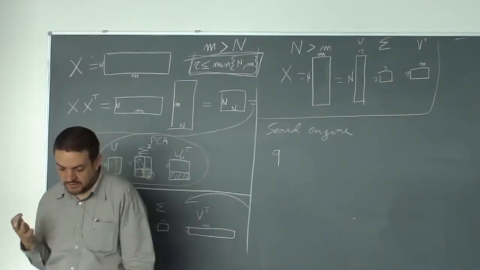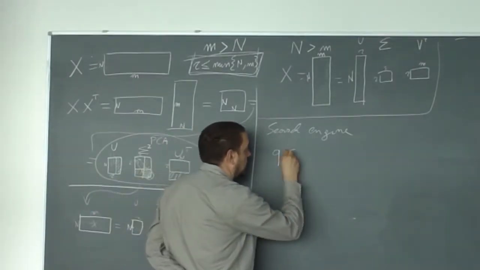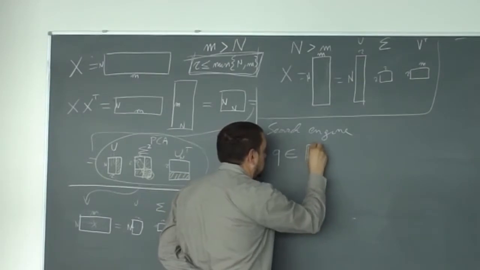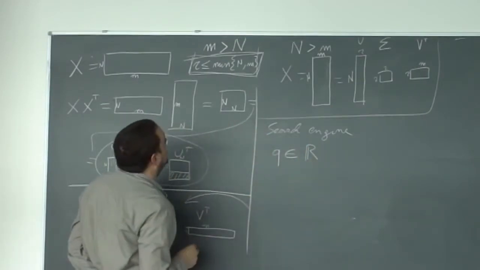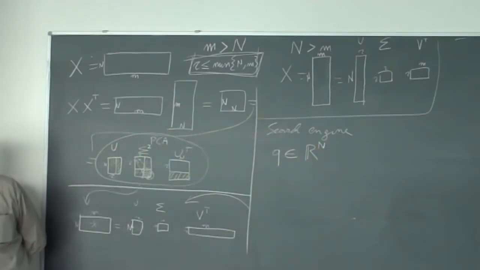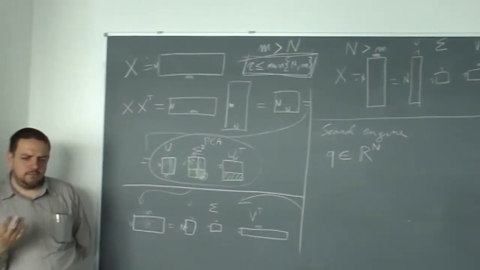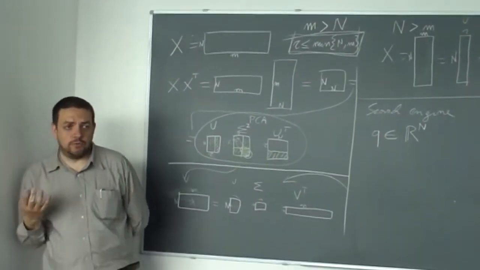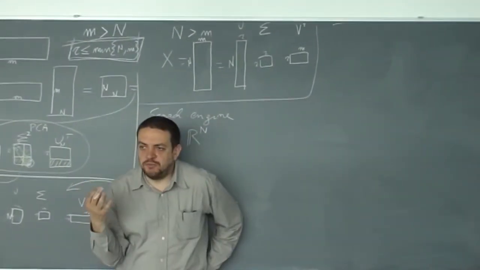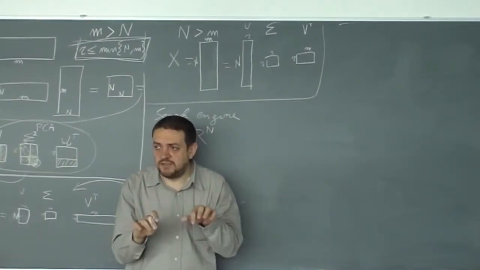A query will be, of course, a vector in R^n. A query, also a Google query, is simply another possible document, because it's a collection of terms, the terms that you write on the search bar.